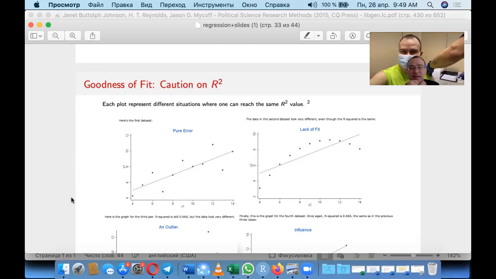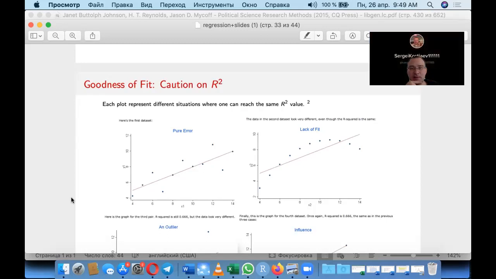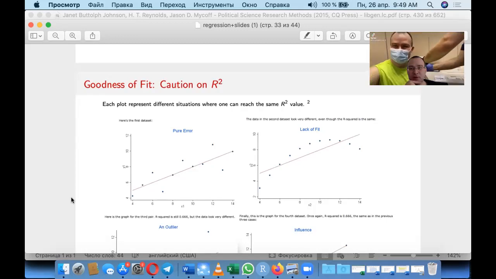It means that, for instance, if it's 0.4, 40% of your variation in your dependent variable is explained by your independent variables. This is the meaning of R squared, the percent which is explained by your independent variables.